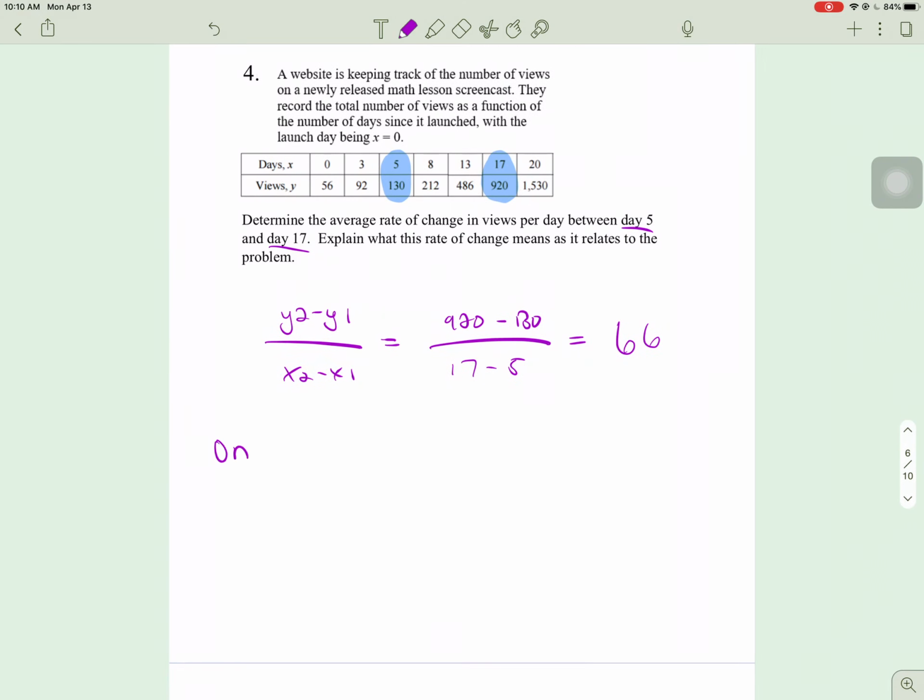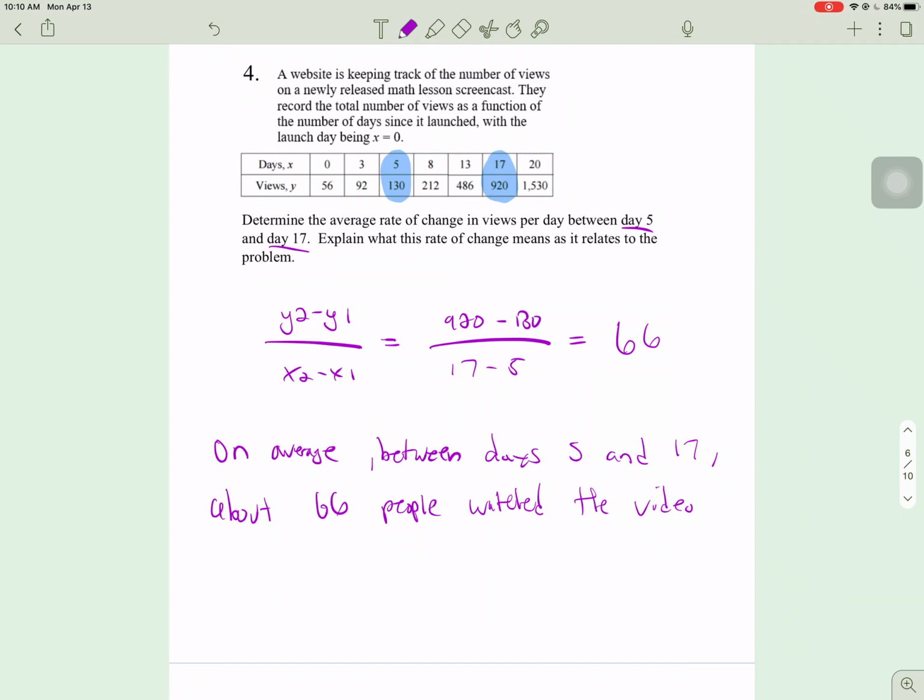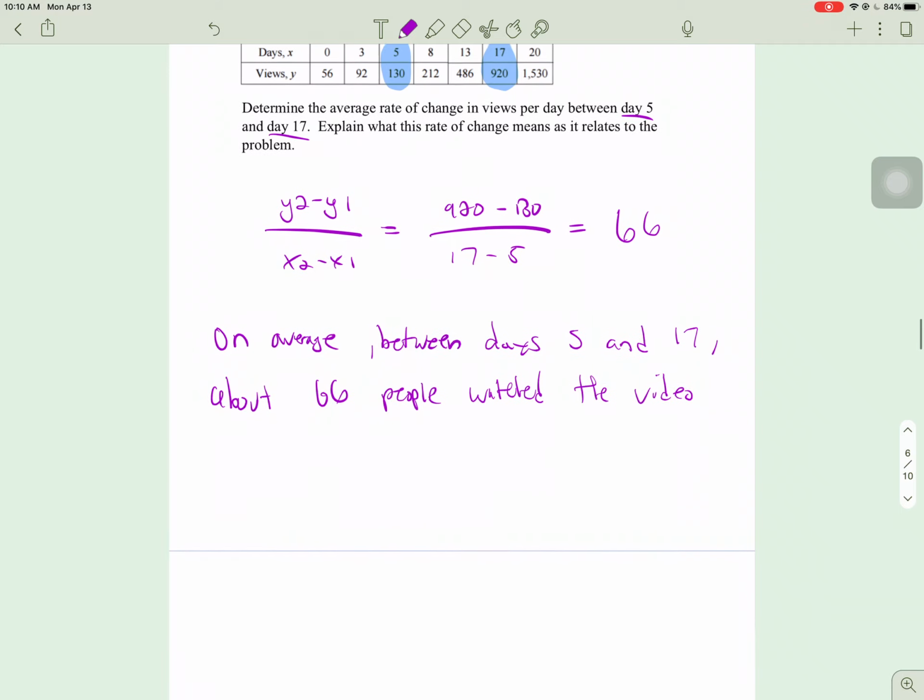It means on average, between days 5 and 17, about 66 people watch the video per day.